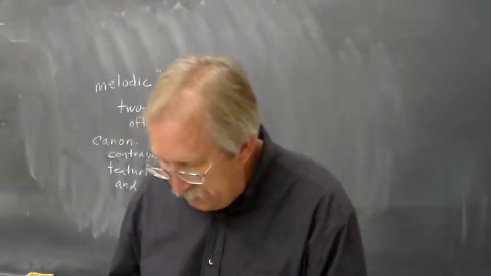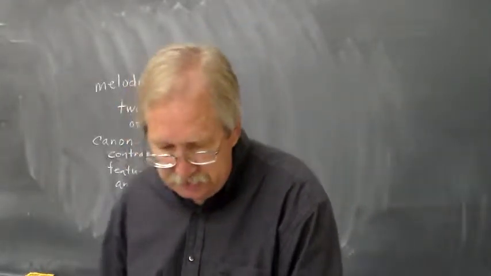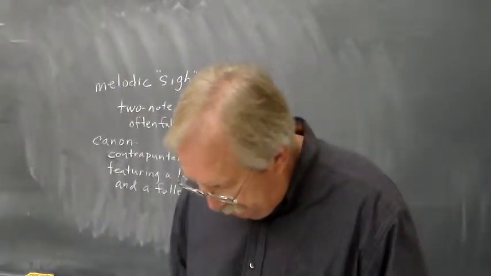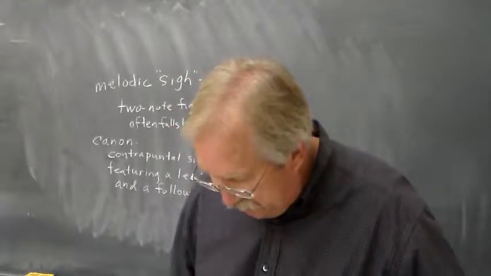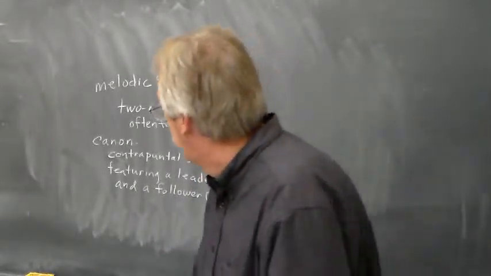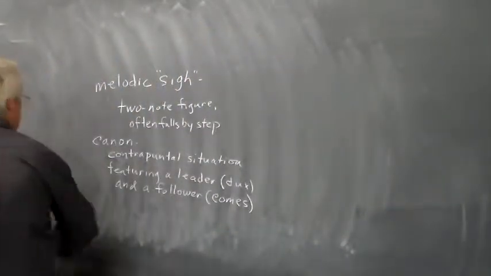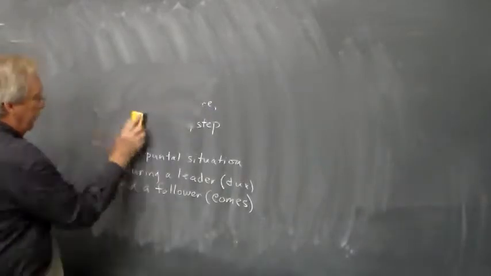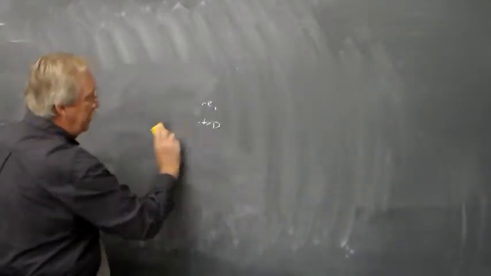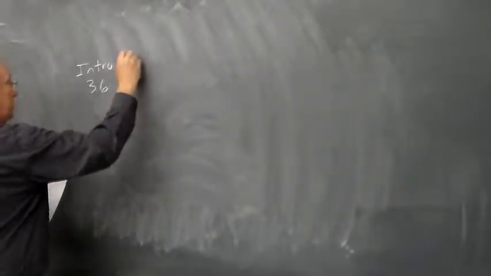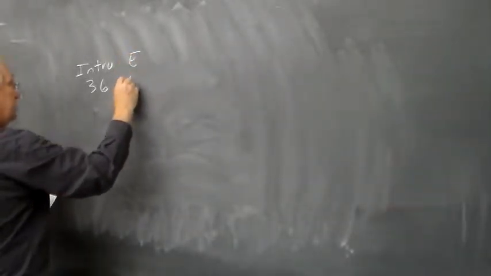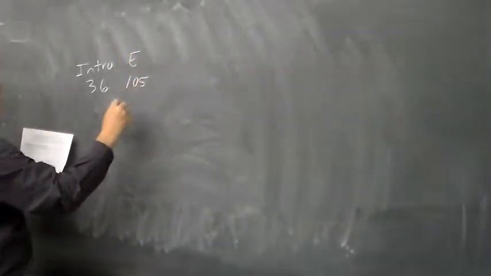One of the things about this movement is that it features the basic proportions of the expectations of the sonata allegro form in the classical period. And so let's have this in your notes. The introduction is 36 measures. Exposition is about 105 measures.